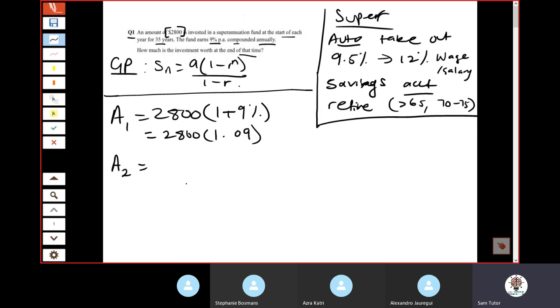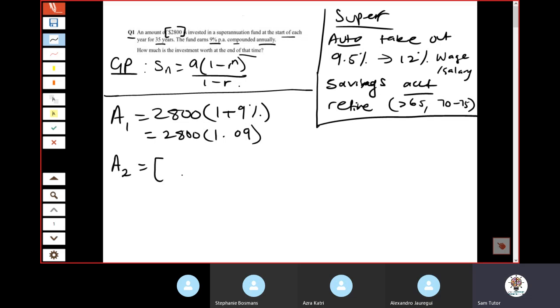Okay, Alex. So at the beginning of the first year, I put in 2,800, and then it grew by 9%, right? Second year, what must I do? An amount of 2,800 is invested at the start of each year. So in the second year, what am I going to do first? But what happens at the beginning of the year?